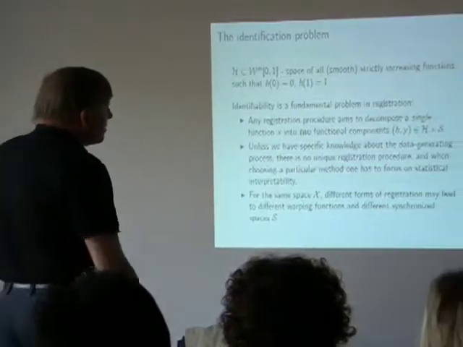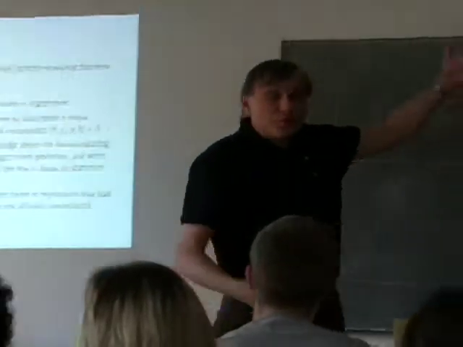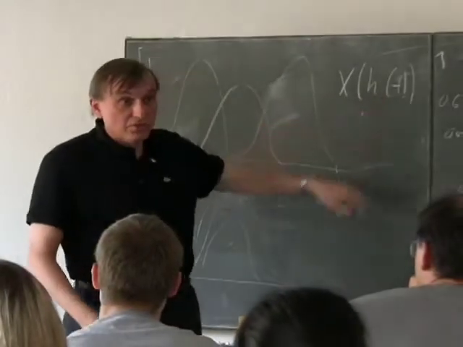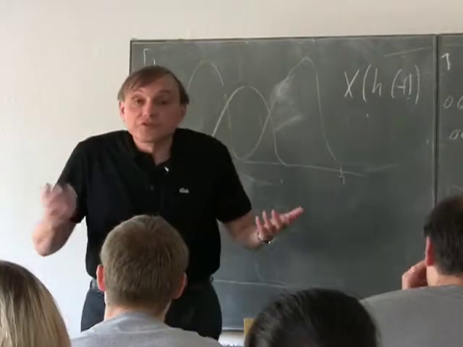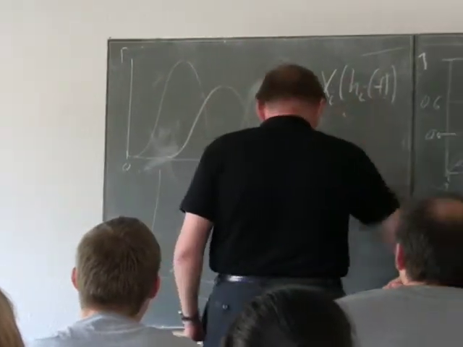Of course, the problem is, if you want to do registration, you determine for each function you observe an h. And so they are different for different functions. So if you have the individual function i, you also have an h_i.